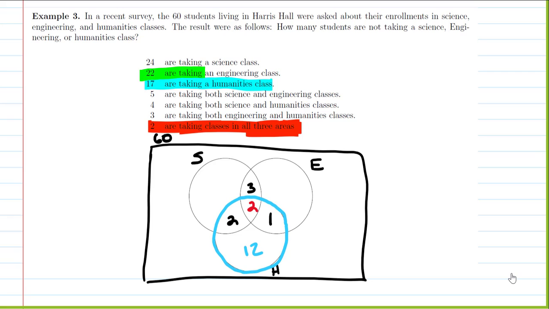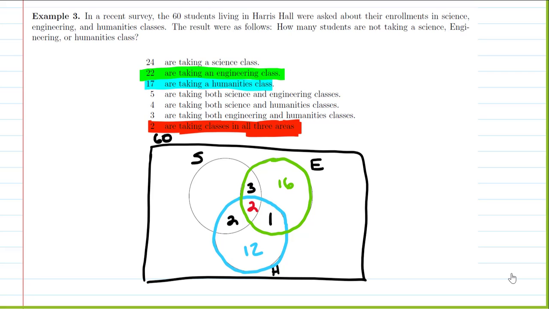Doing something similar, how many are taking engineering? Well, that's going to be this circle. And we've already accounted for 3 plus 2 plus 1, which is 6. So 22 take away 6 gives us 16.